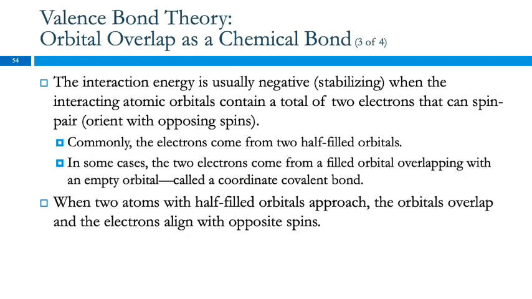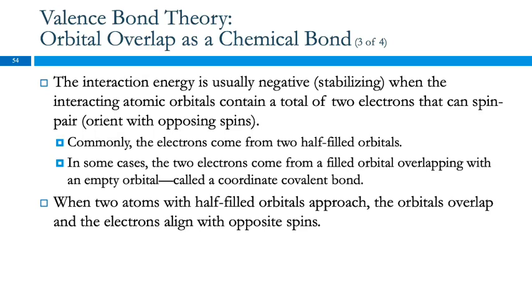So that interaction energy is usually negative, below zero, is stabilizing, when the interacting atomic orbitals have two electrons that can spin pair. Electrons are repelled by other electrons, right? Because they're both negative charges. And yet we've seen in orbitals that two electrons can be in an orbital and be okay with each other because of spin pairing.